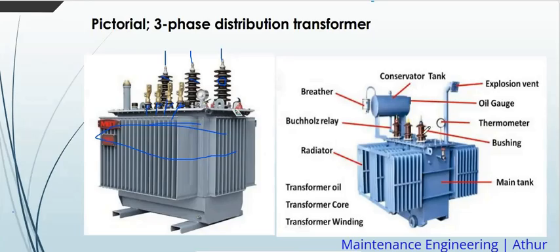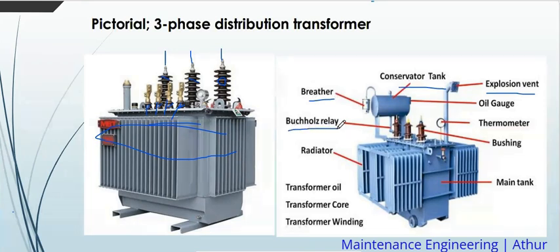Then we can look at other parts now. We have the bushings, I have explained them. We have the thermometer for temperature. We have an oil gauge, this is for oil, to know the level of oil. We have the explosion vent, we have a conservator tank, we have a breather, we have a Buchholz relay.